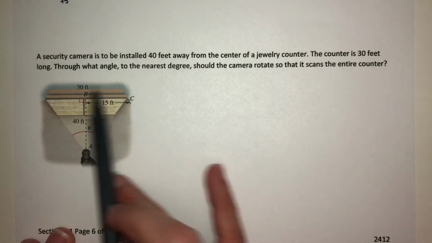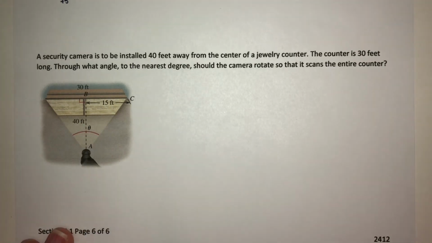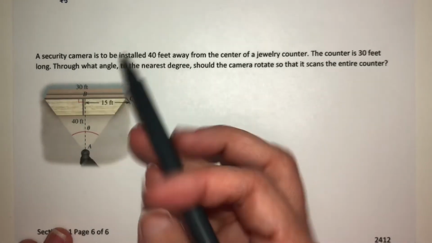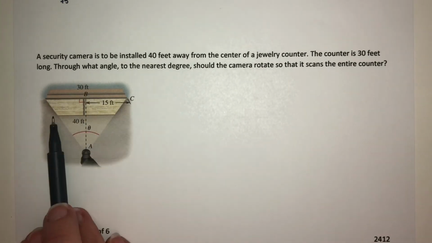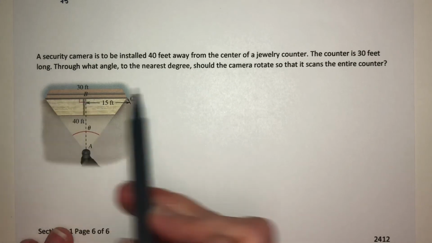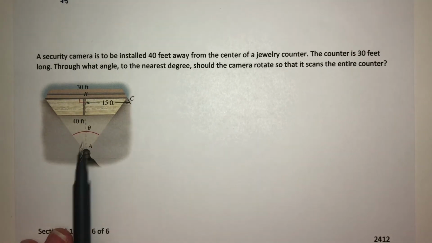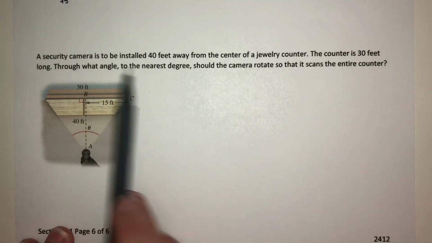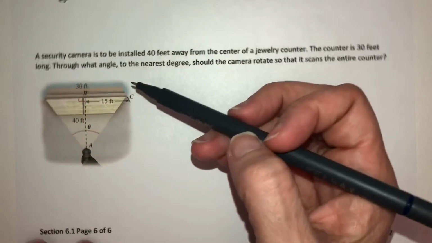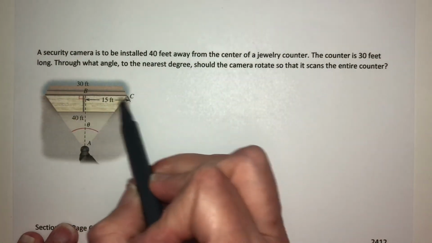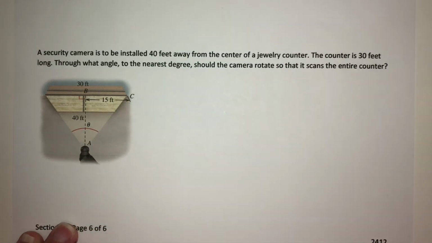the main triangle is not a right triangle. What they want you to recognize is that you can split this main triangle up into two right triangles. If this is 30 feet and this is across from the center of it, then that makes a right angle, and it splits the difference here. It's 15.